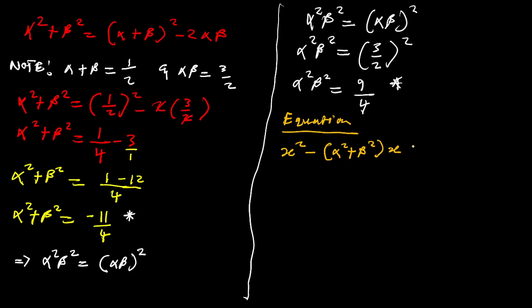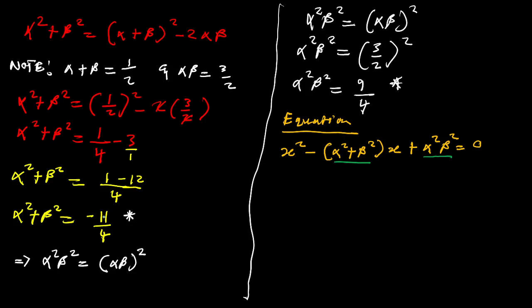Now from this equation, there are things that I have already found. I have found what is alpha squared plus beta squared, and I have also found what is alpha squared beta squared. So from here, I'll just pick what I found on my first star.